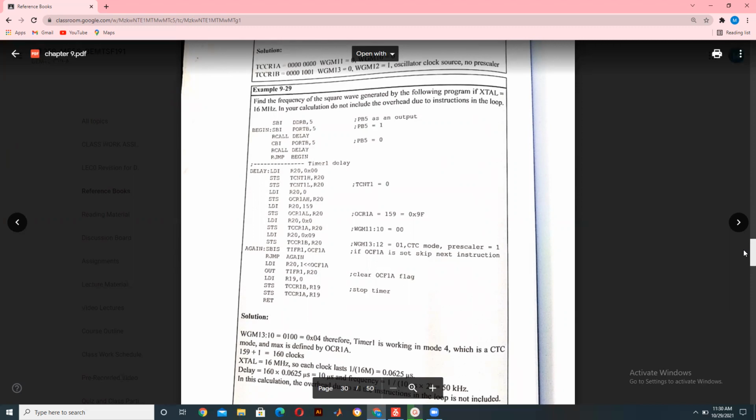So 159 plus 1 is equal to 160 clocks, and the XTAL is equal to 16 megahertz, so 1 over that is 0.0625 microseconds. Then we multiply 160 by 0.0625 microseconds, and that gets 10 microseconds. For getting the frequency, we take 1 divided by this answer, multiplied by 2, so we would get a frequency of about 50 kilohertz in this calculation.